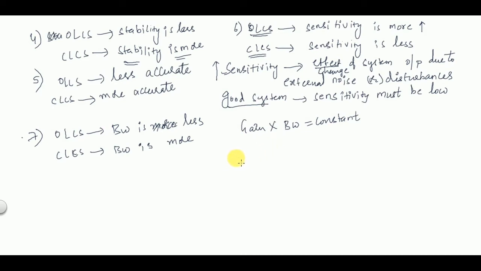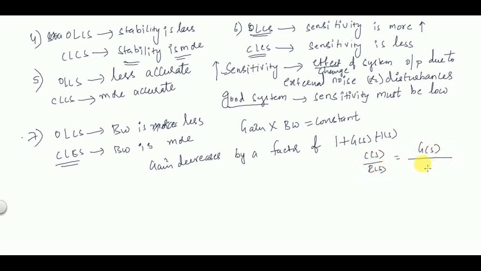As we have seen, in closed loop control system, gain decreases by a factor of 1 plus G(s)H(s), because we have C(s)/R(s) equal to G(s)/(1 plus G(s)H(s)).